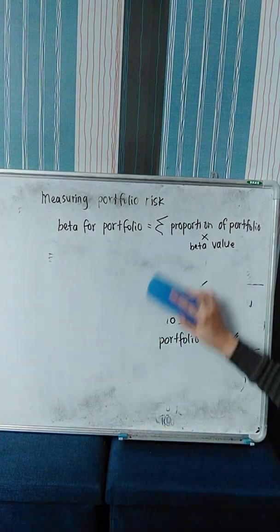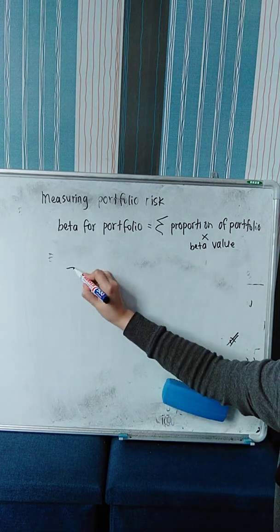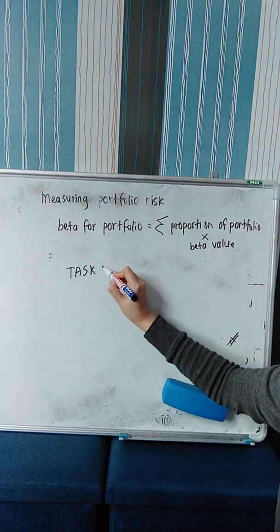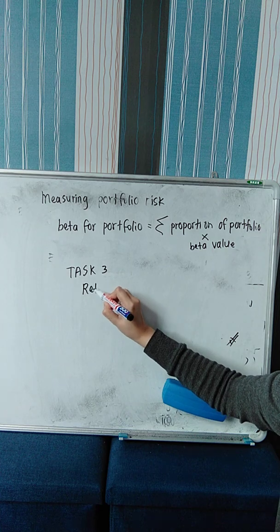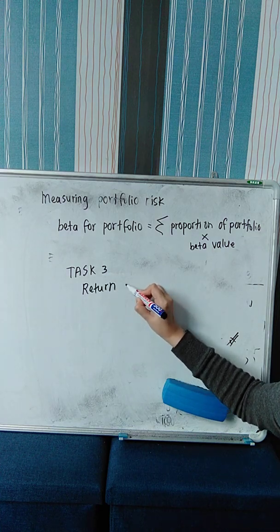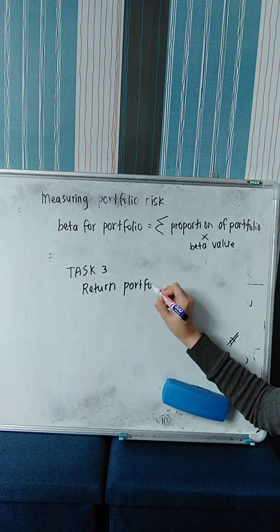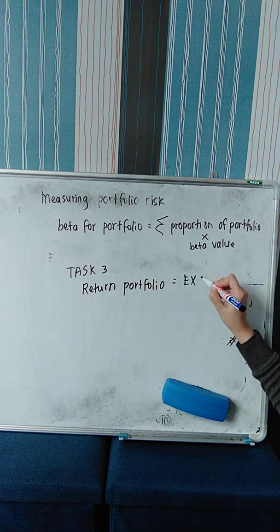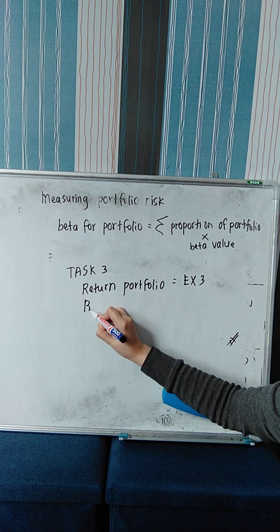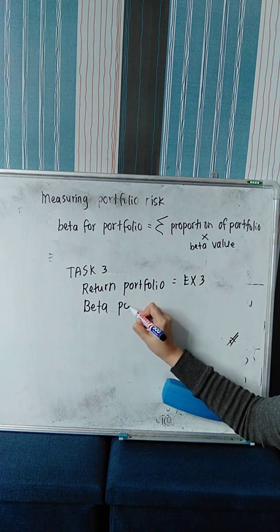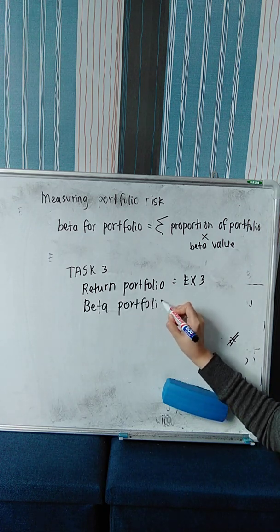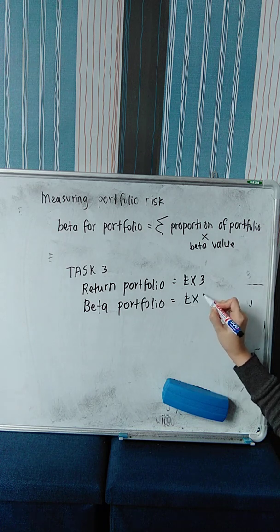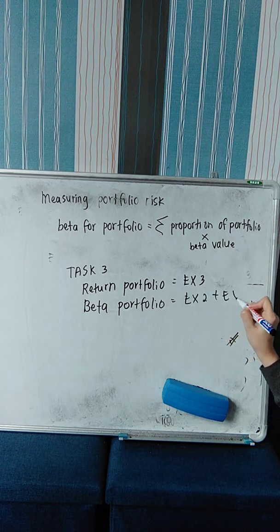Okay, so I write here task 3. Return portfolio, you must do example 3. Okay, and beta portfolio, you must do example 2 plus example 3.